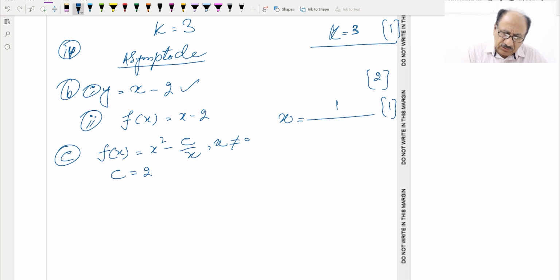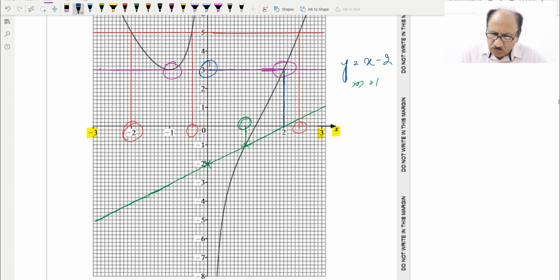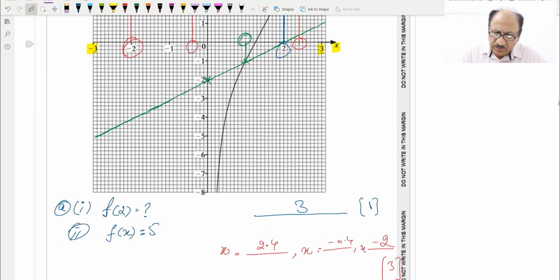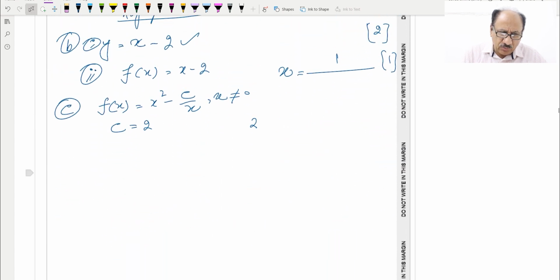If we are taking c is equal to 2, what will this result in? If we take the point x is equal to 2 and y is equal to 3, these are the 2 and 3 points. If we replace this one, we will get 2 square minus c over 2 is equal to 3.